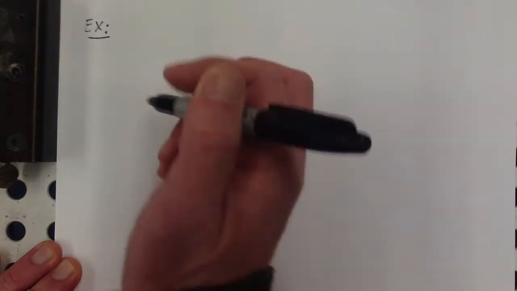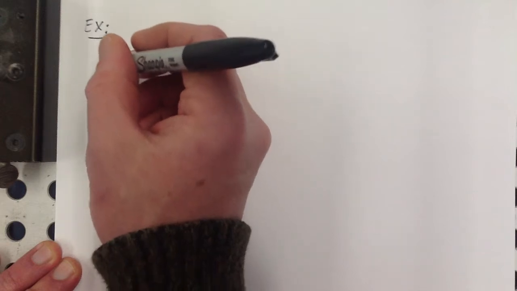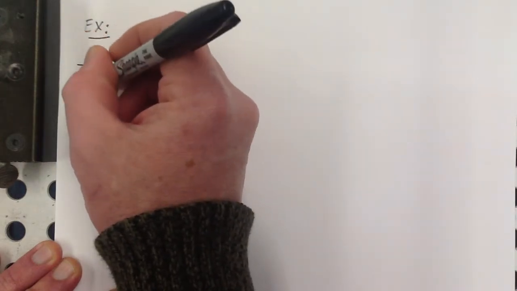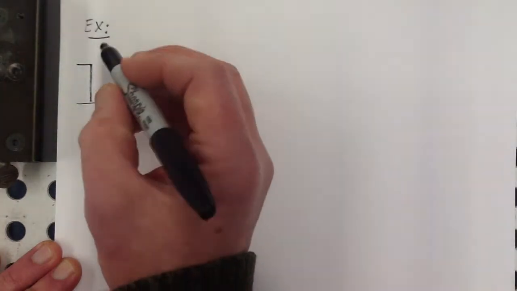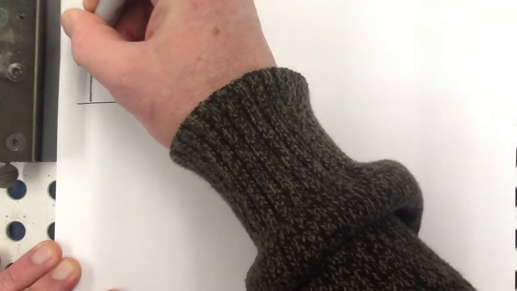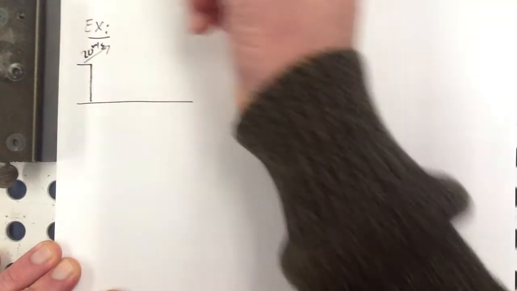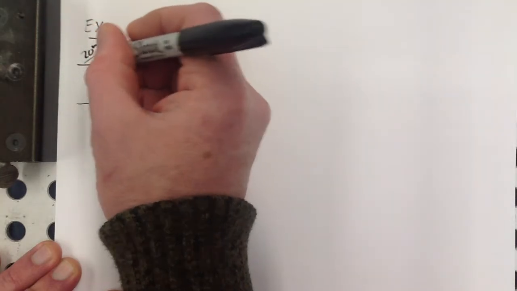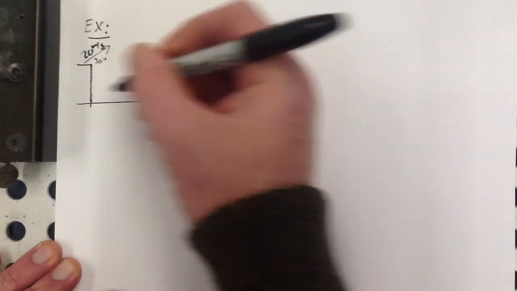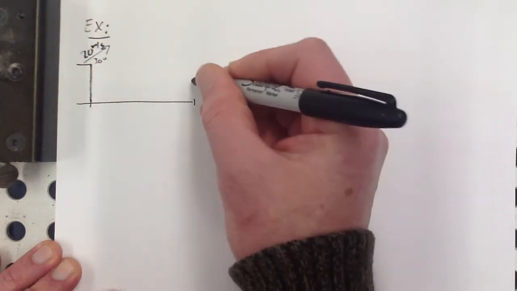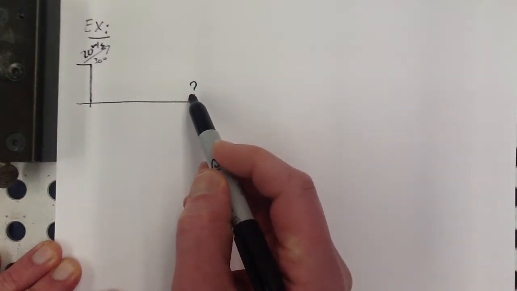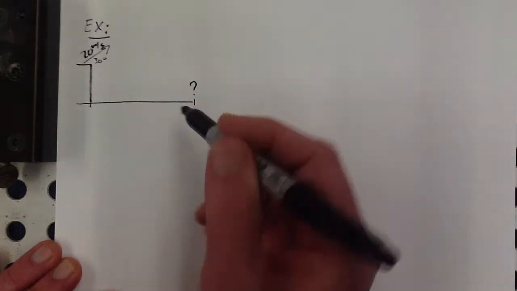So let's say we have one of those cliffs that we kept launching things off of, but this time we're going to launch something at a speed of, let's say, 20 meters per second, and let's say this angle is 30 degrees right here. And I want to know where does it land? Right on my enemy's castle.